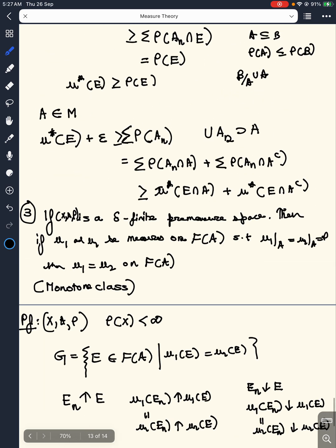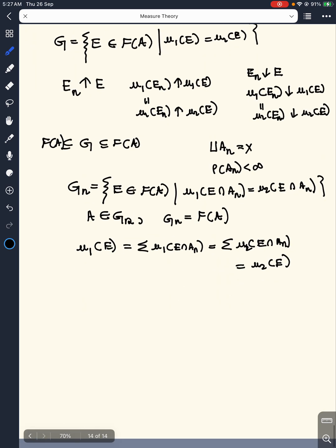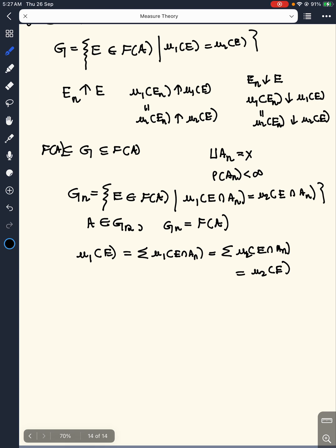So let's give an example where sigma finiteness is actually necessary to do the proof. So take Q and take the algebra. It is kind of called a trace algebra.